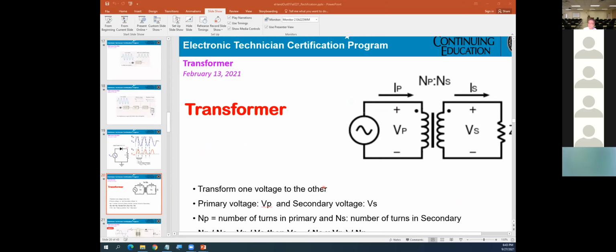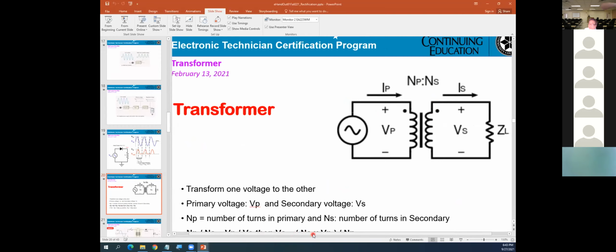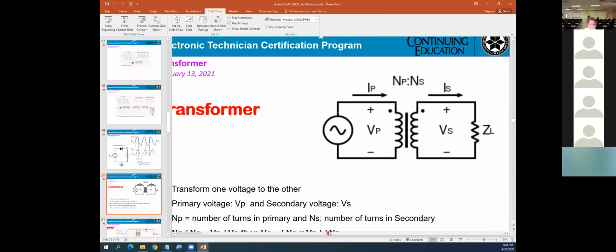Okay, next one, transformer. What are we using a transformer for? What is a transformer? When you're looking at this thing here, you know this is what they call a transformer. Basically, the definition: a transformer just converts one voltage to another voltage.